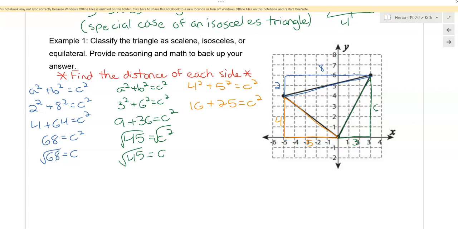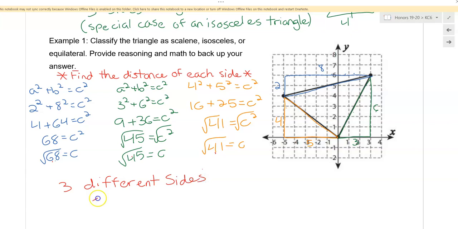And that is 41. Okay. So now if we look, we have 3 different sides. So that means that it's scalene.